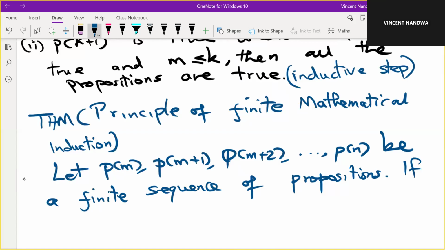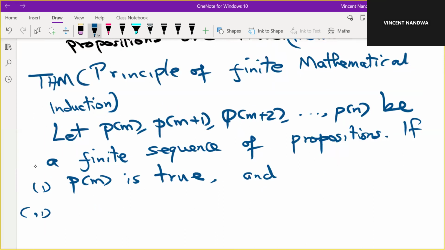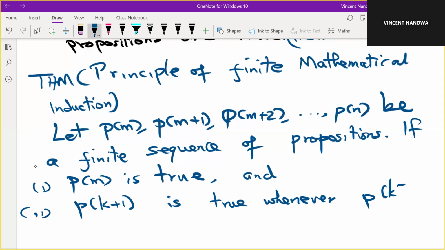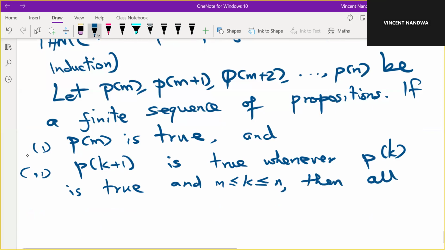So if 1, P of M is true, and 2, P of K plus 1 is true whenever P of K is true, and this K is between M and N, then all the propositions are true.